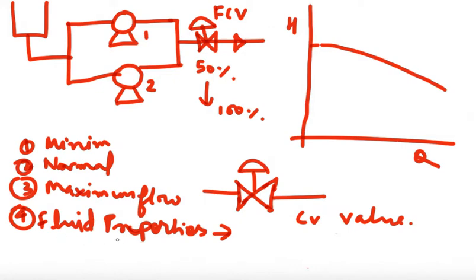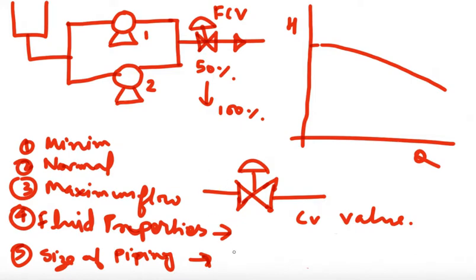So we know about this, and we also know the size of piping, means what is the size of inlet and outlet piping of a pump, and what is the size of the control valve, means the piping where the control valve, means FCV, is installed. So now we know three flows.